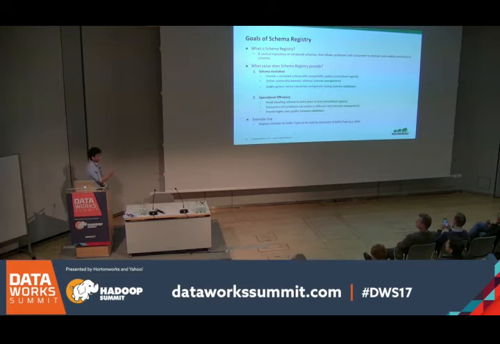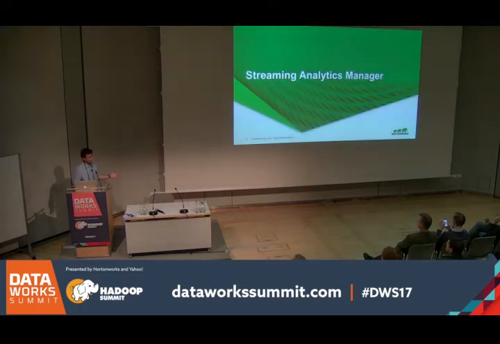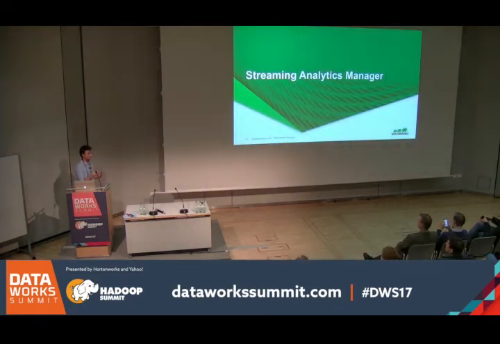Consumers and producers can evolve at different rates. I already talked about that. Higher data quality because of schema validation. And an example use case is integration with SAM, where every Kafka topic has an associated schema in the schema registry, and that lets you see all the fields in the payload and apply other functions downstream.